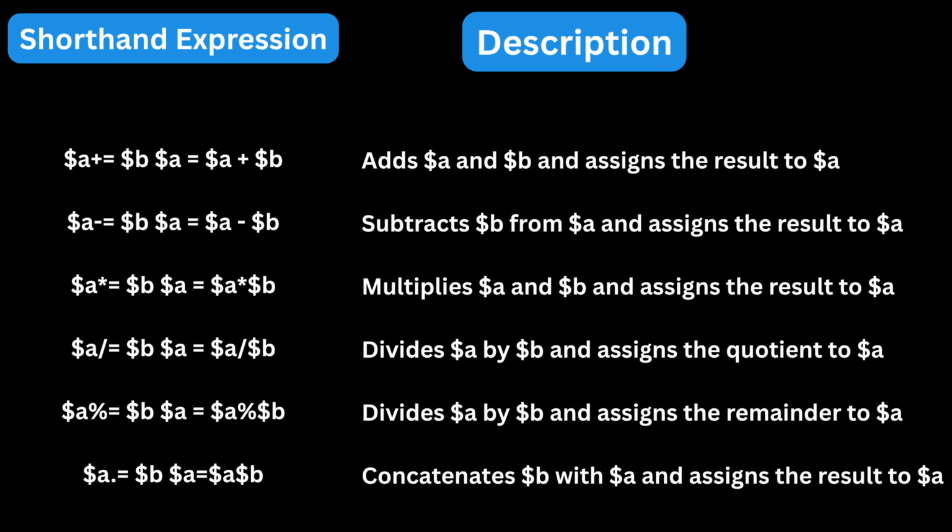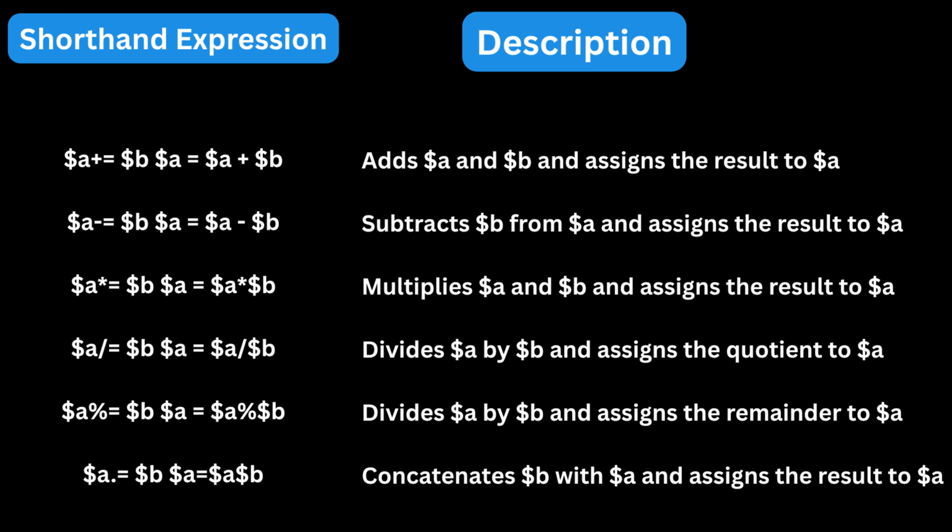Finally, the operator $a .= $b works with strings rather than numbers. It means append $b to the end of $a and store the new combined string back in $a. Written out in full, it is $a = $a . $b, where the dot is PHP's string concatenation operator. For example, if $a contains hello and $b contains world, then after $a .= $b, the variable $a will hold hello world.